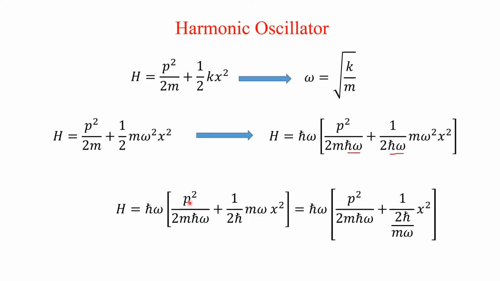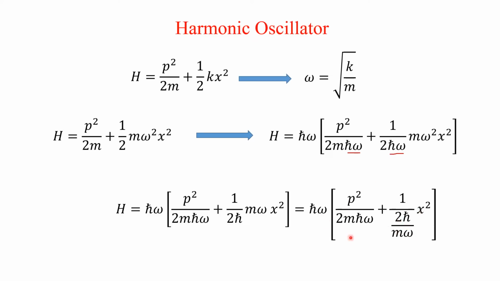That is, I am going to write this as p squared over 2m h cross omega plus 1 over... I am bringing this m omega into the numerator. So I have rewritten this as h cross omega times p squared over 2m h cross omega plus 1 over 2 h cross divided by m omega into x squared.